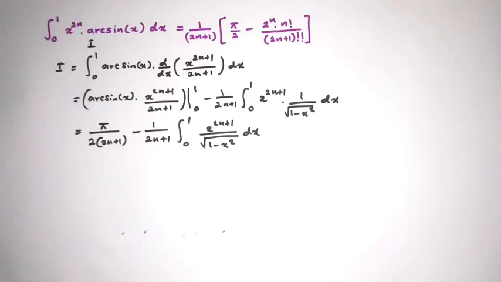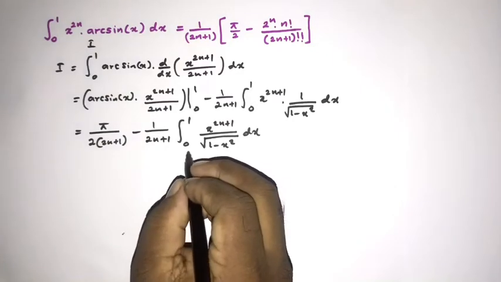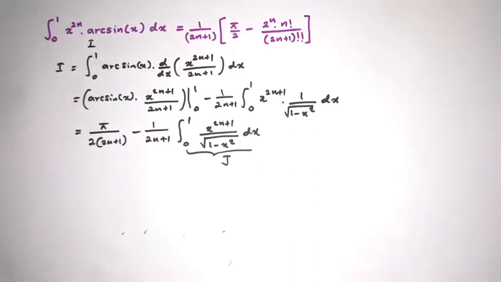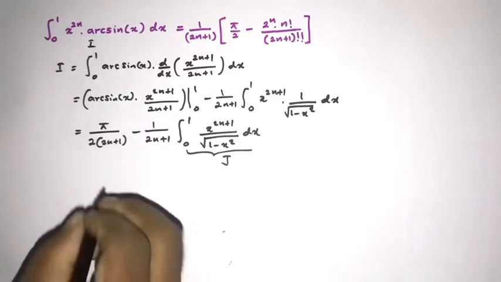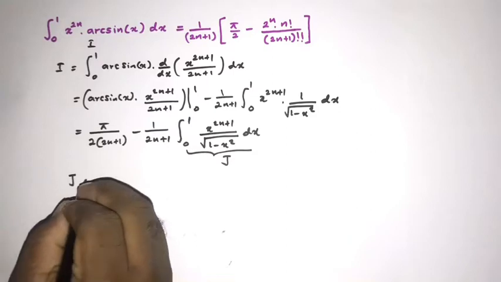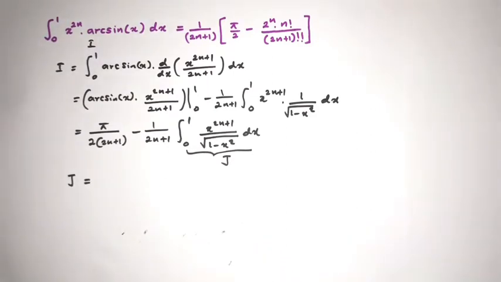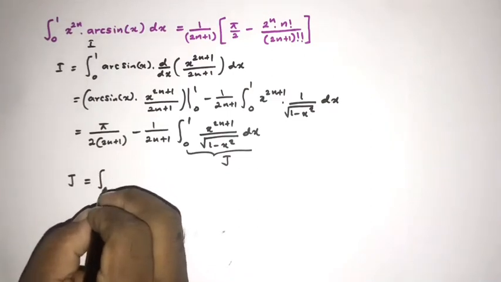Well, I am going to take this integral equal to J, and now we are going to evaluate J. Okay, to evaluate integral J, first let us simplify a little bit.